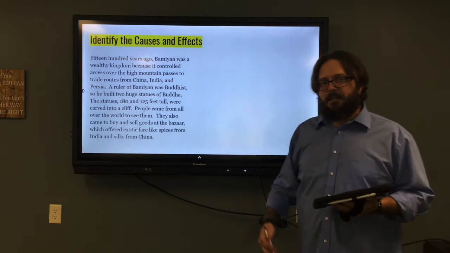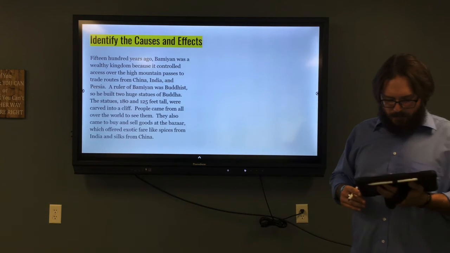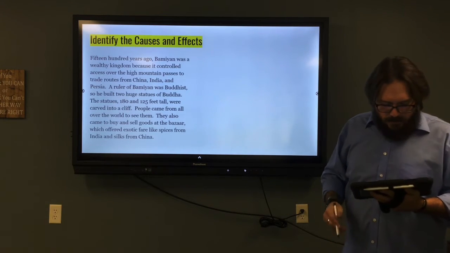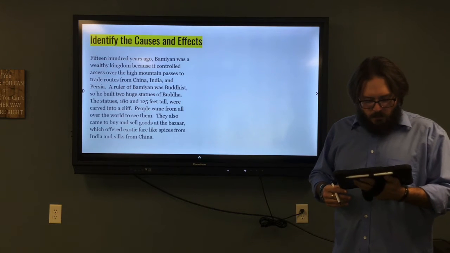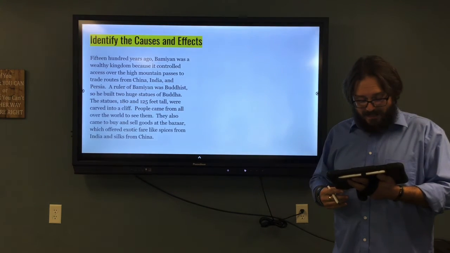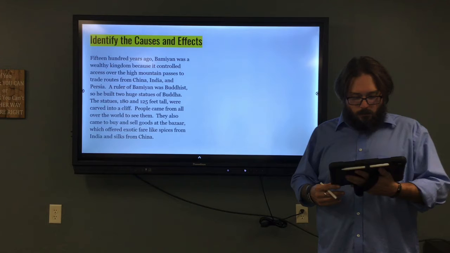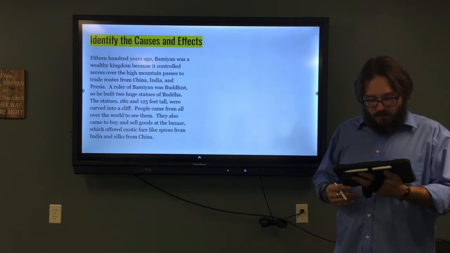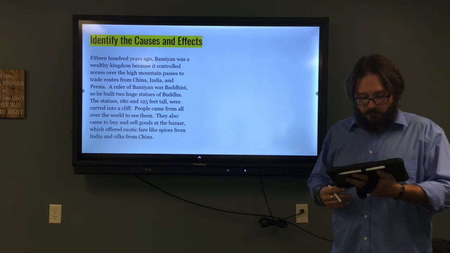Before we close, let's look at one final example. Let's see if we can identify the causes and effects in this passage. 1,500 years ago, Bamiyan was a wealthy kingdom because it controlled access over the high mountain passes to trade routes from China, India, and Persia. A ruler of Bamiyan was Buddhist, so he built two huge statues of Buddha.